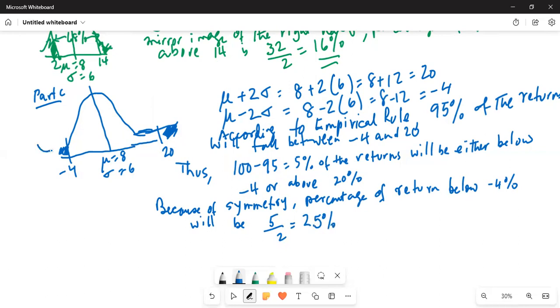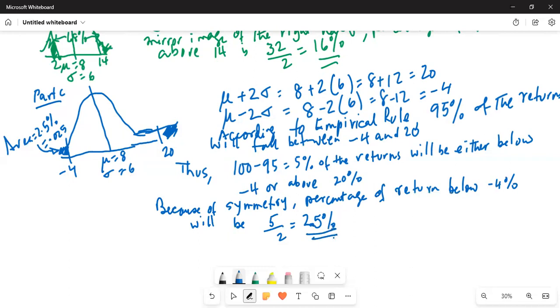So the area of this place is 2.5%, or 0.025. That's your answer for part C.